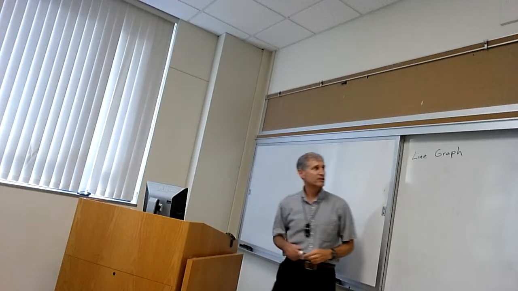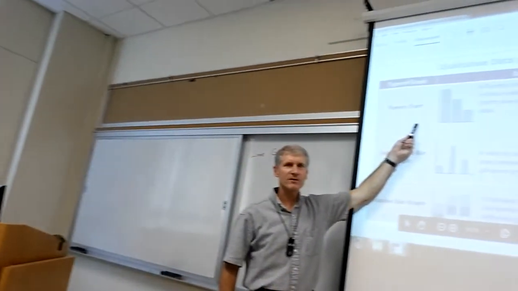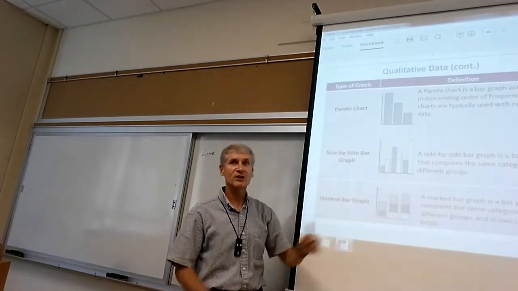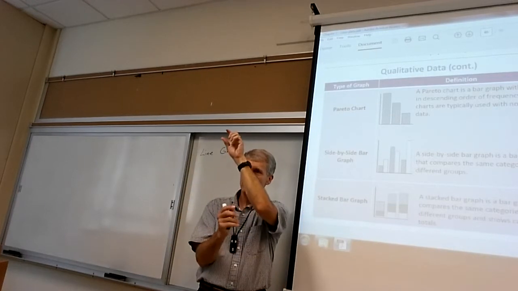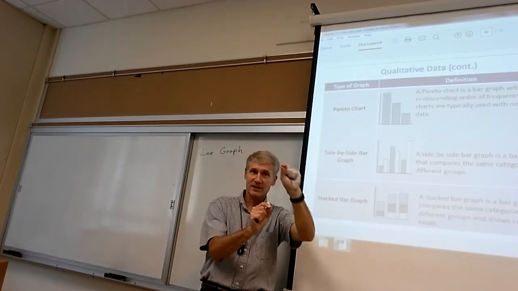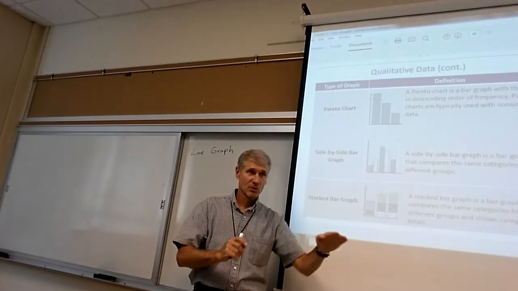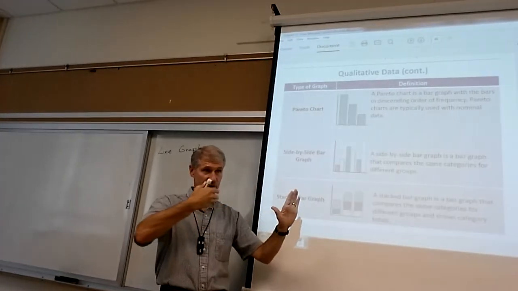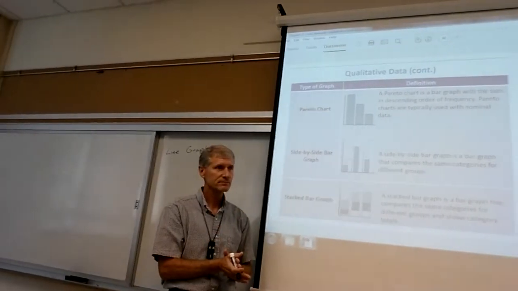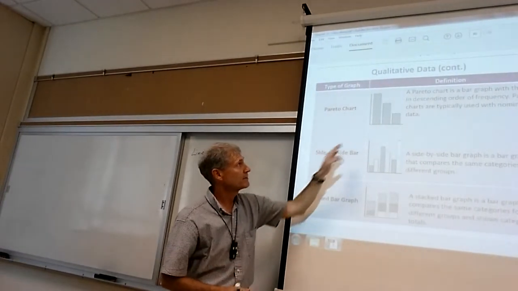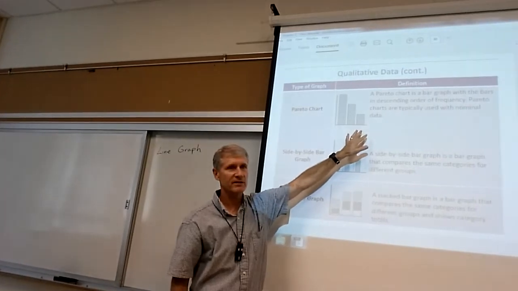A Pareto chart, did we talk about a Pareto chart? Okay, a Pareto chart is just a bar chart that's been rearranged so the bars are tallest, next tallest, next tallest, so they're decreasing, which just for your eyes sorts it so you can see the most frequent category was this one, right? Now, it only makes sense with categorical data.